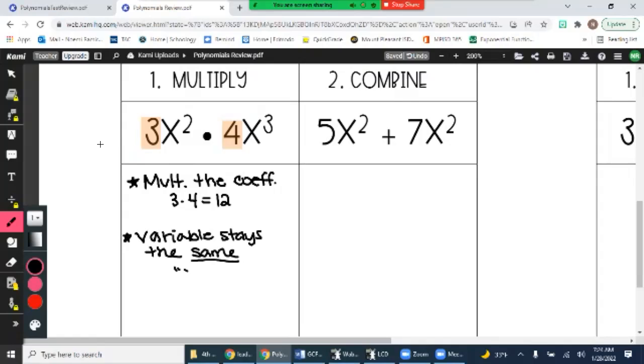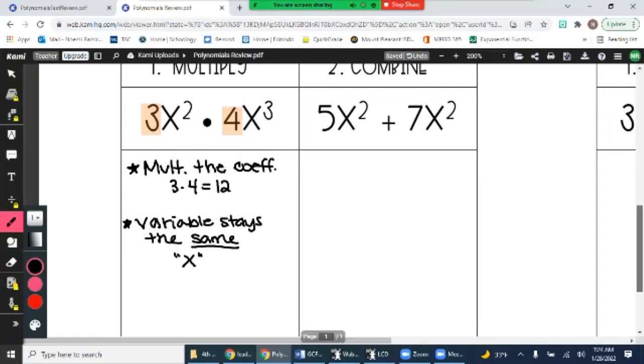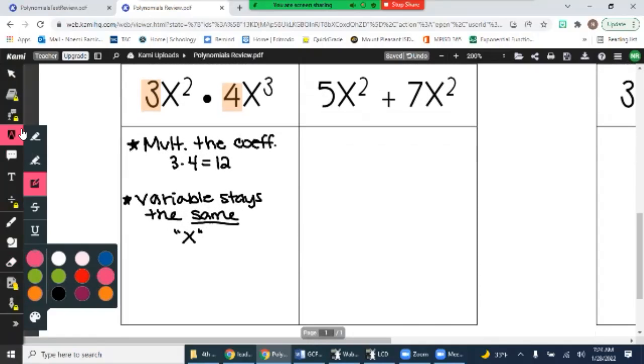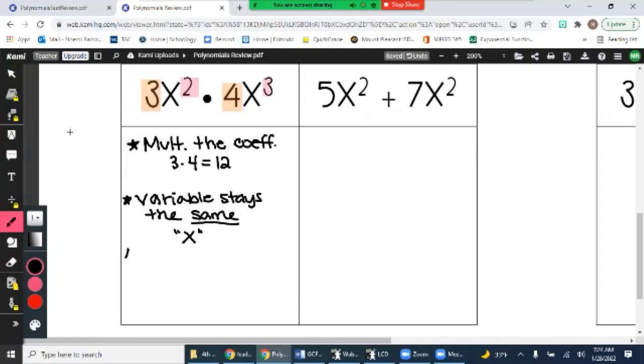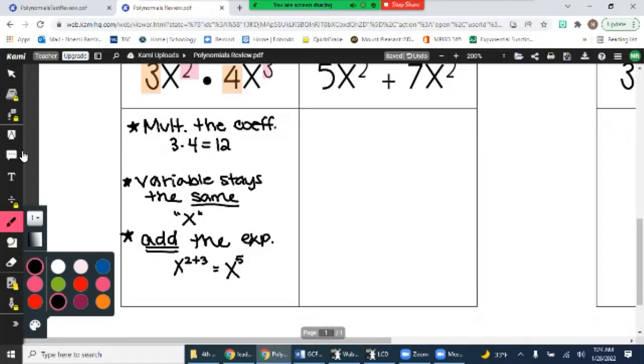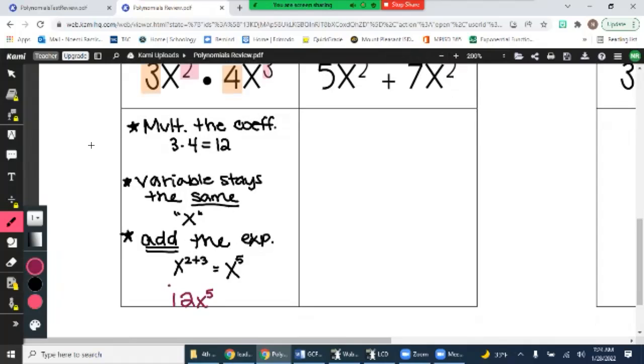In this case, it's an x. And what do you do with the exponent? You add the exponent. So 2 plus 3 gives us x to the power of 5. And once this is combined, it becomes 12x to the 5th.